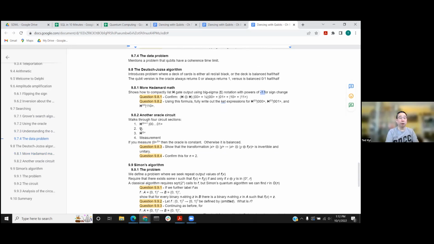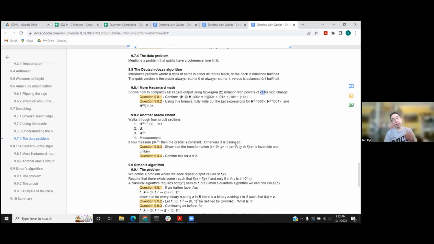We're going to apply our oracle function, whatever that is, unitary matrix U sub f. Then we're going to Hadamard everything except for our ancilla qubit, and we'll measure. And basically, if when we measure, we get all 0 kets, then the oracle is constant, and otherwise it's balanced.